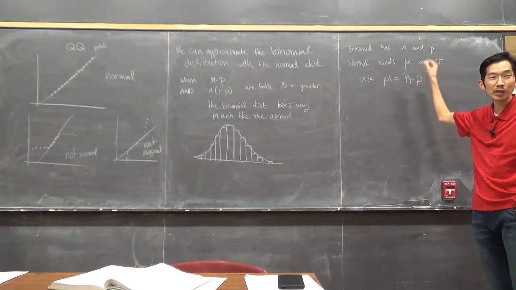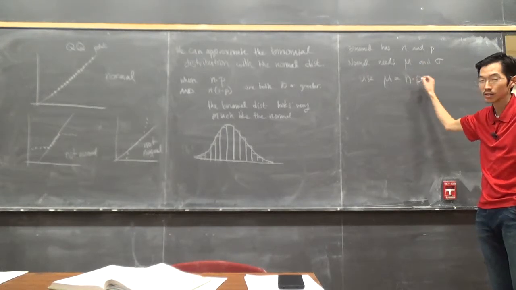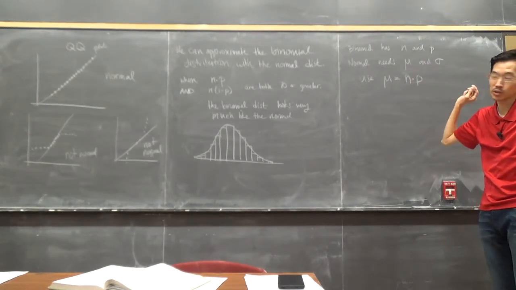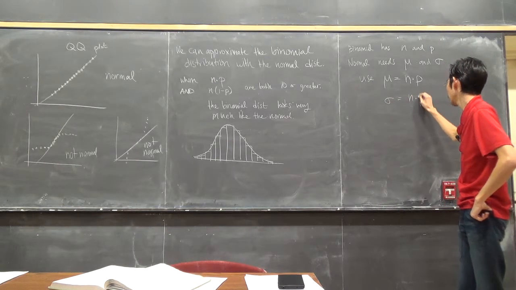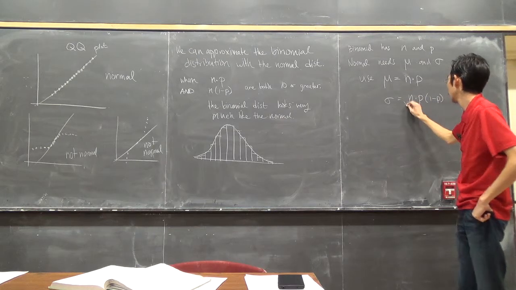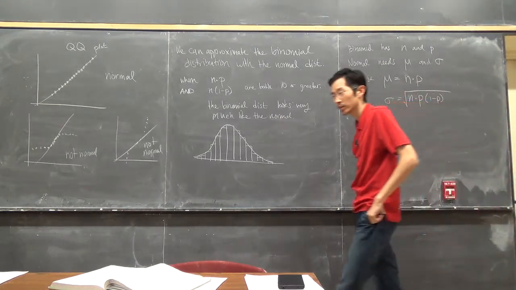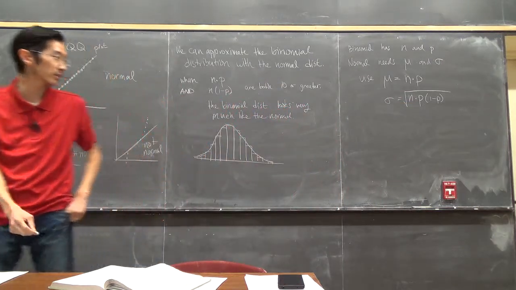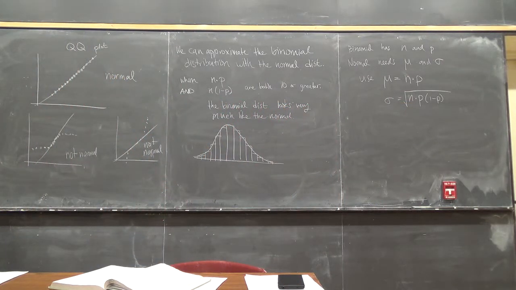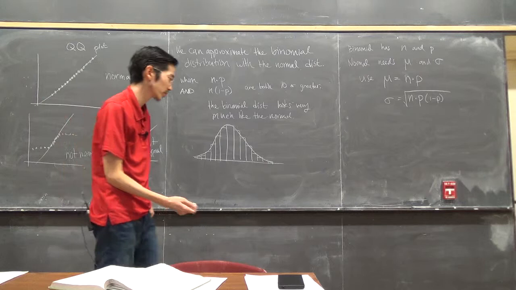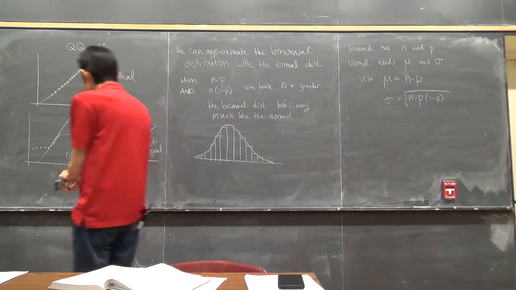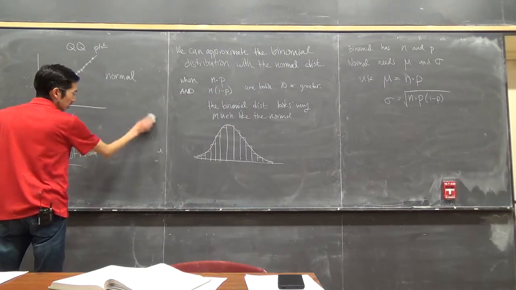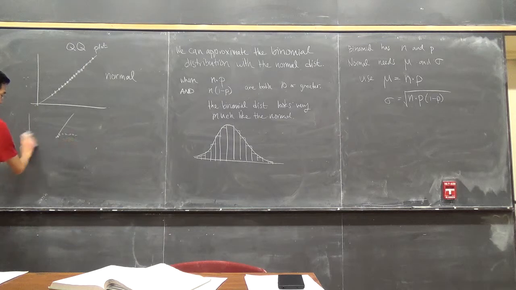The mean of the binomial distribution is n times p, and we're going to use that as the mean of our normal distribution. And the standard deviation is going to be the square root of n times p times 1 minus p. So the standard deviation of the binomial will stand in for the standard deviation of our normal distribution. And this allows us to answer questions where it would be too tedious to answer with the binomial.